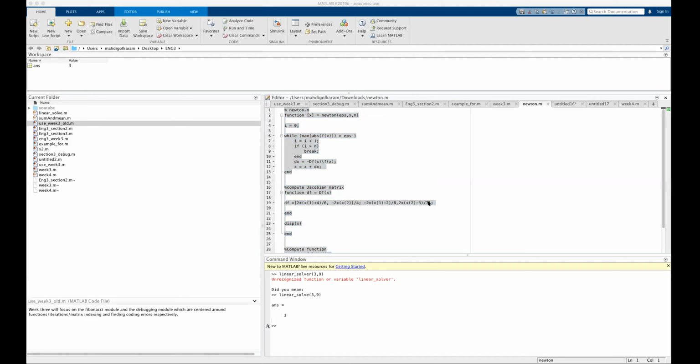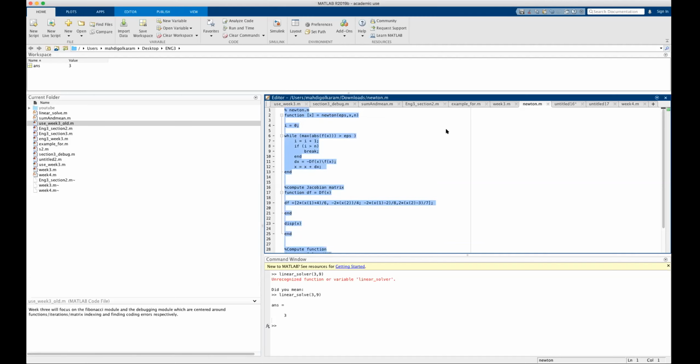So this should be the actual solution for this specific question. Usually for Newton's method, we have 3 parts.